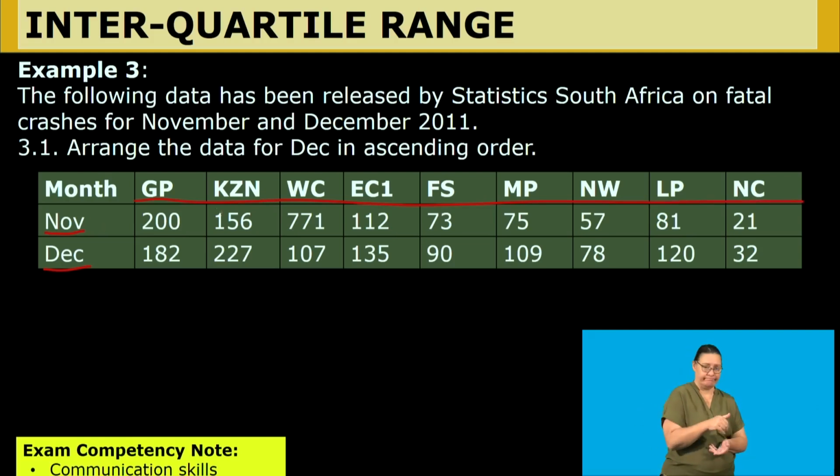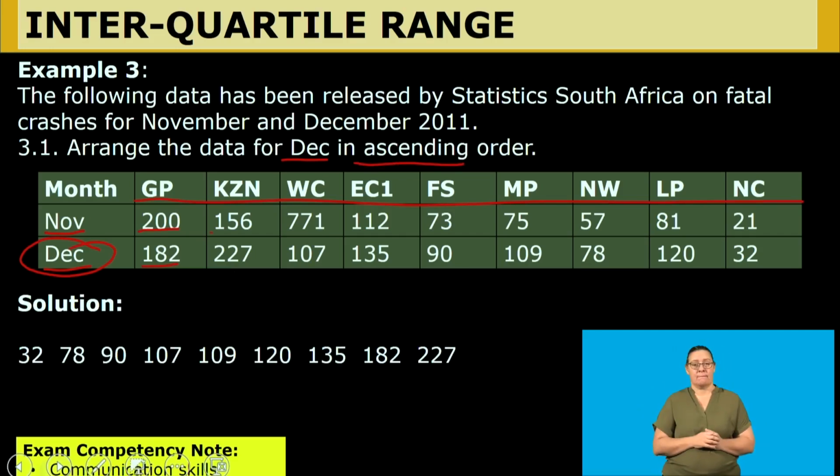In November, Gauteng had more fatalities as compared to December, and then we can check all the other provinces. 3.1: arrange the data for December in ascending order, meaning you must focus on this row, the row of December, and it must be arranged in ascending order. Remember, ascending means from the lowest to the highest. So when you arrange, the smallest is 32 and the highest is 227.